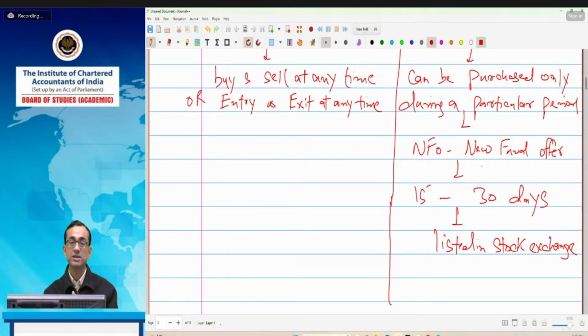Just like shares can be purchased from one person to another or sold from one person to another, in this way the closed-ended funds can also be purchased from an existing investor.